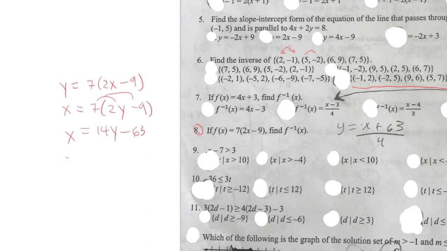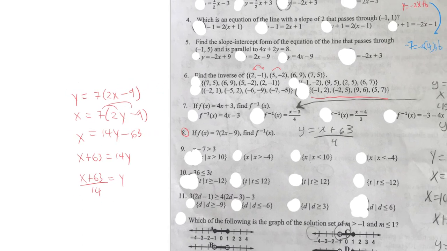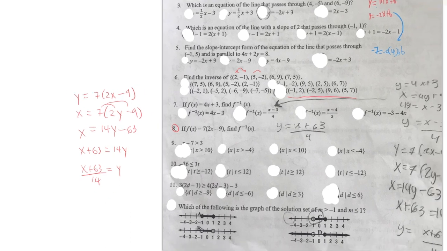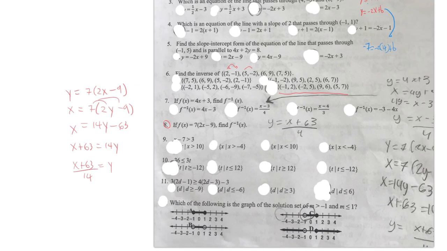Adding 63 to both sides would give us x plus 63 equals 14y. And then y equals x plus 63 divided by 14. So hopefully that shows up. Yeah, that should be a 14 there. Okay, so that's that one.